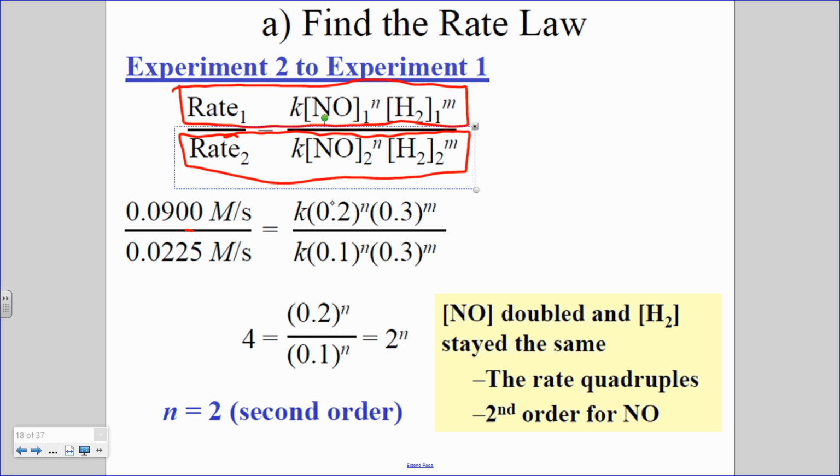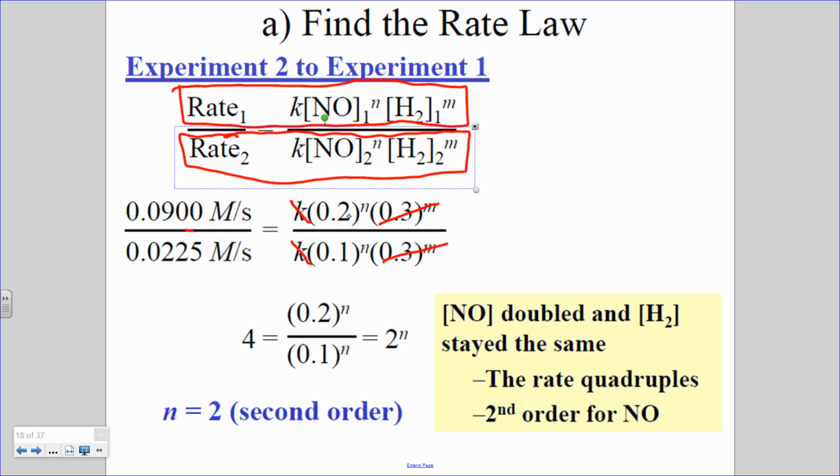If I come over to this side, I don't know what K is, but it doesn't matter because it's the same between the first reaction and the second reaction, so it cancels. Now here's something even cooler. I don't know what M is, but I know 0.3 to the M divided by 0.3 to the same M cancels.